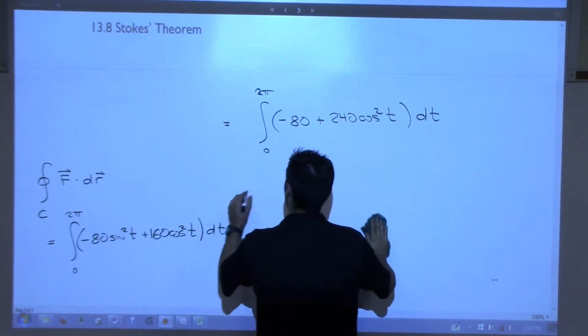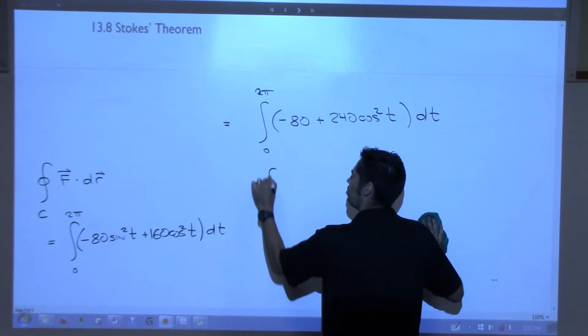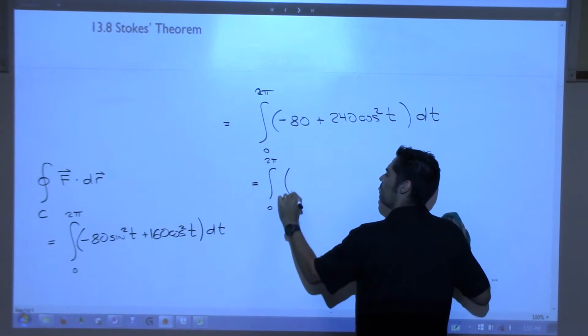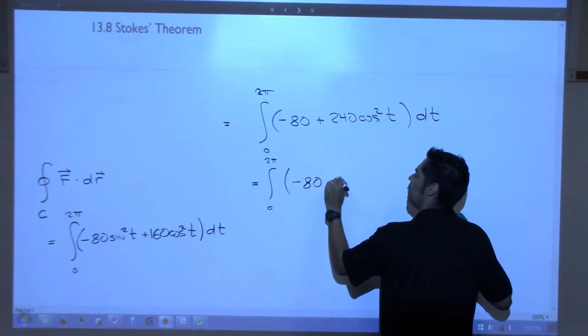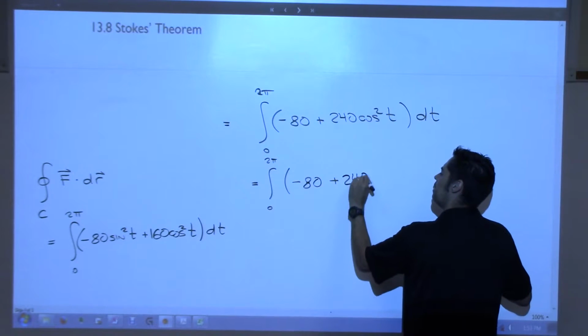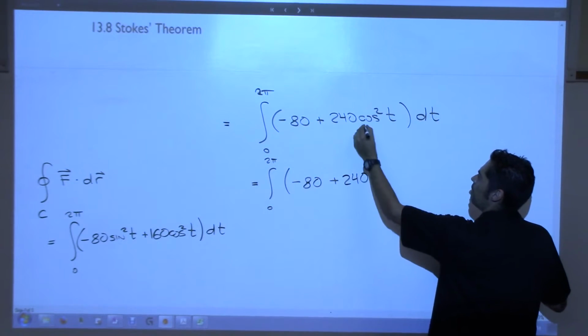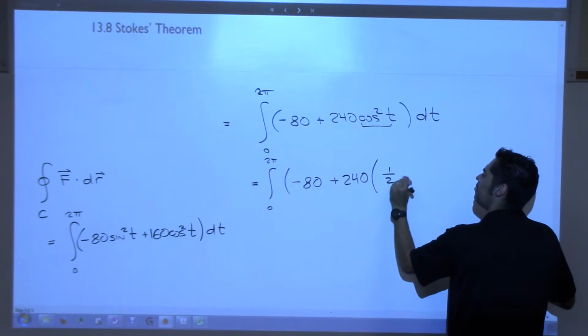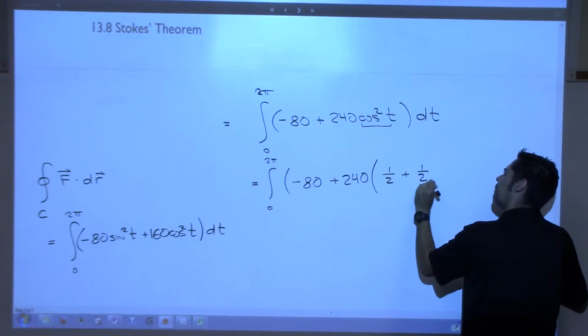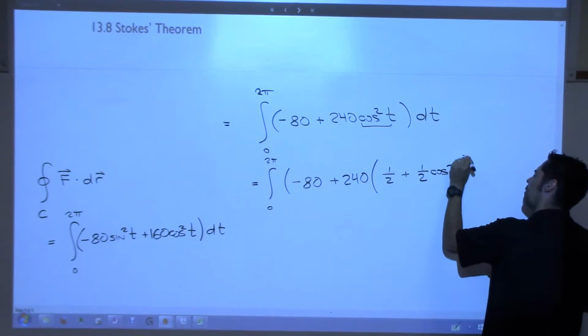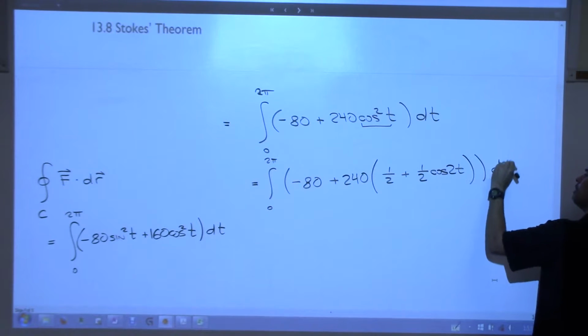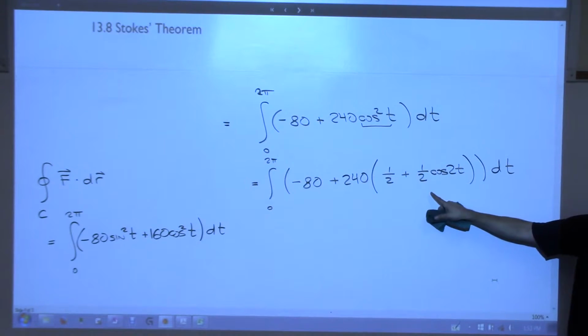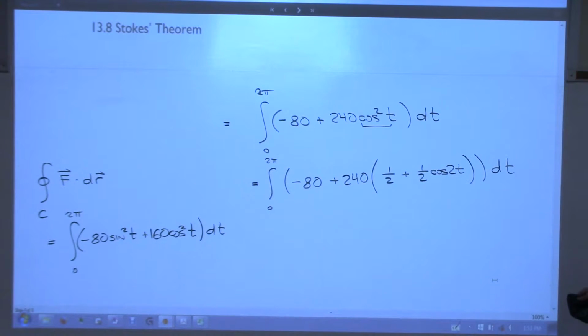Power reduce. So this is 0 to 2 pi of negative 80 plus 240 times, and this right here becomes 1/2 plus 1/2 cosine 2t. That look familiar? You've done that a million times. Distribute the 240 through.